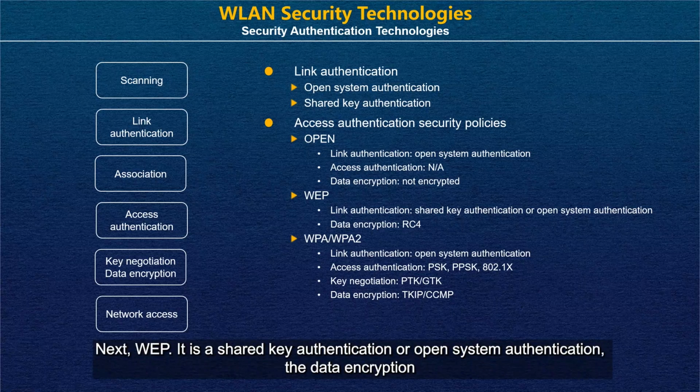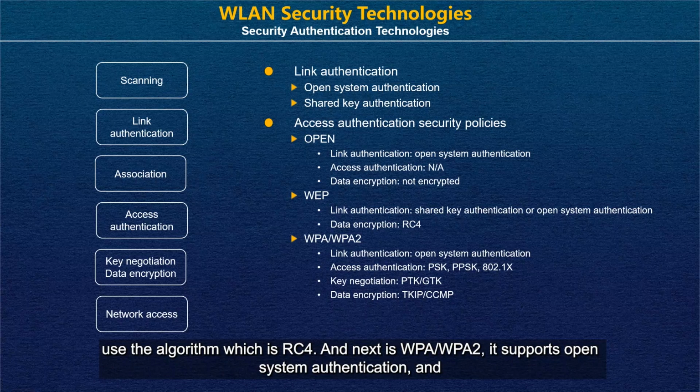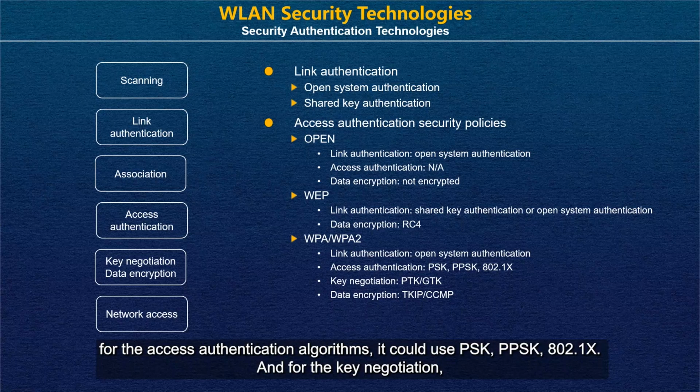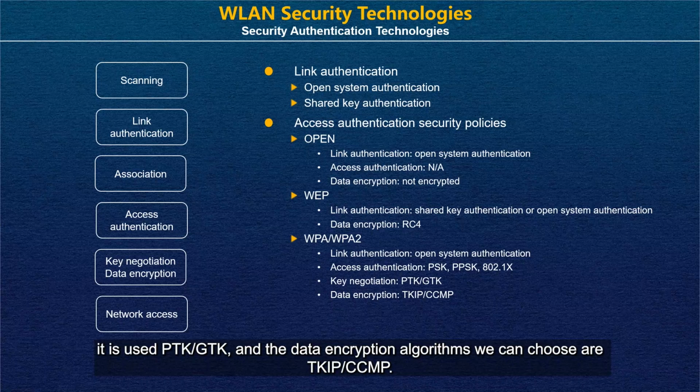Next, WEP uses shared key authentication or open system authentication, and the data encryption uses the RC4 algorithm. Next are WPA and WPA2. They support open system authentication. For the access authentication algorithms, they could use PSK, PPSK, 802.1x. And for the key negotiation, PTK and GTK are used, along with the data encryption algorithms.